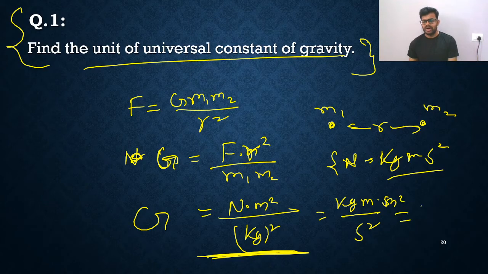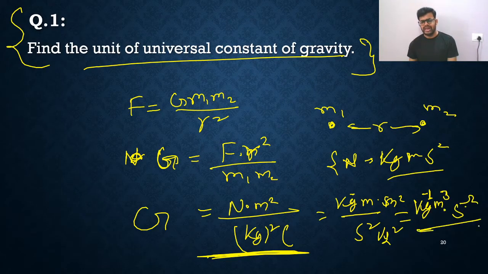So finally you are getting kg meter cube per second square, and divided by kg square. So kg raised to -1, meter raised to 3 and second raised to -2. That's all, this is the basic unit. You can say meter cube per kg per second square. You can write it like this also.